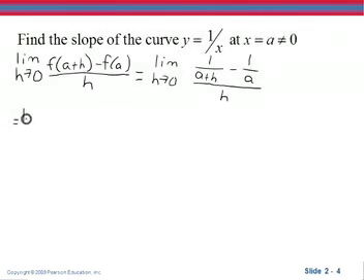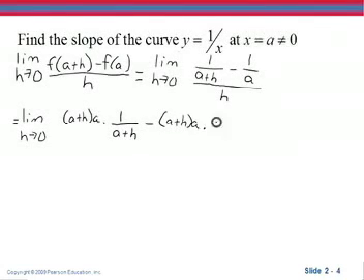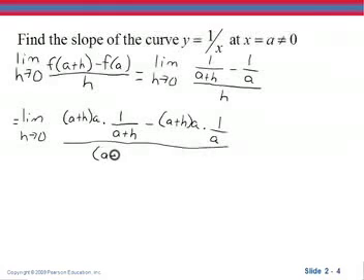So this will give us the limit as h approaches 0 of, and we will multiply the first term in the numerator by a plus h times a, and we'll multiply the second term by a plus h times a, and on bottom, since we only have one term, we'll multiply that term by a plus h times a. Now this will eliminate all of our fractions.